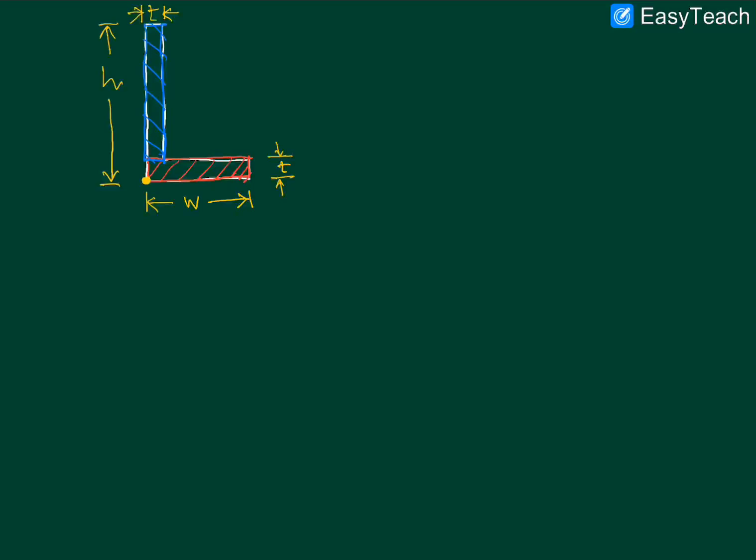Well, this will have the centroid at H minus T by 2 and T by 2. Well, those are for the individual centroids. But what about the composite centroid of the entire cross section?